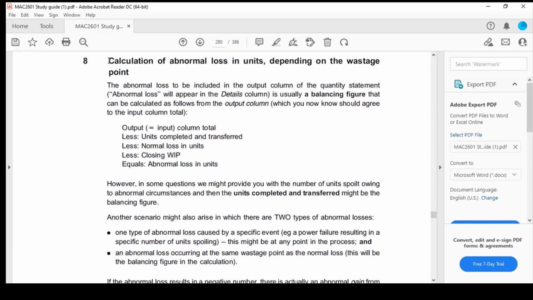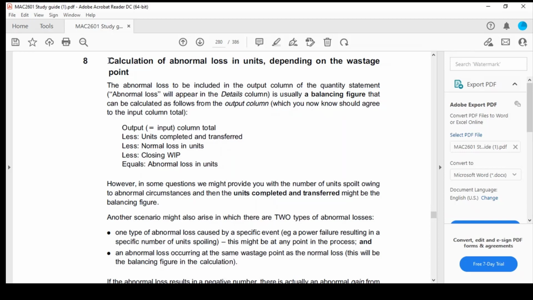I need to take into account the number of units that are going through this whole process at the beginning. What are my inputs? I need to take into consideration my opening WIP and my closing WIP. I have to ask myself, was it before or was it after? Was my opening WIP before or after this wastage point?